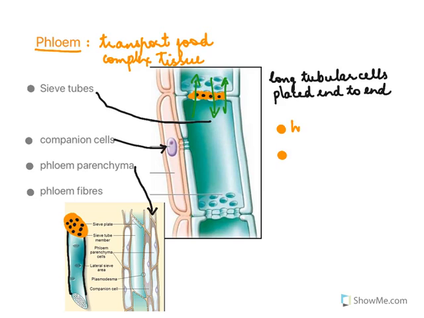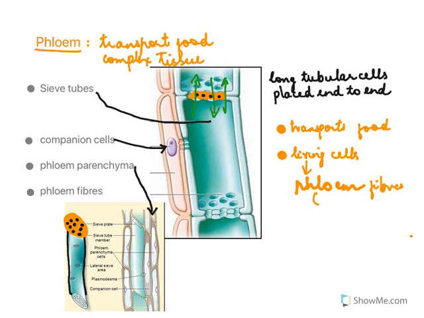So we need to remember that phloem transports food through the plant. It is a living tissue. All the components are living cells except the phloem fibers. The phloem fibers are the only ones that are dead.